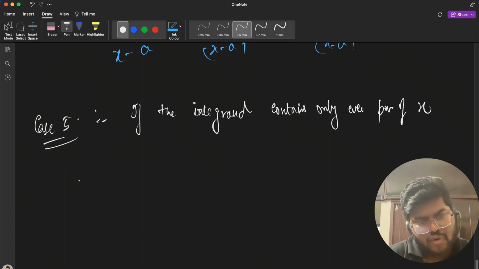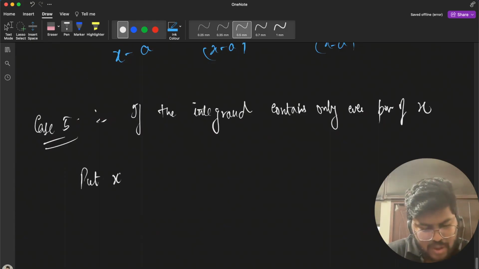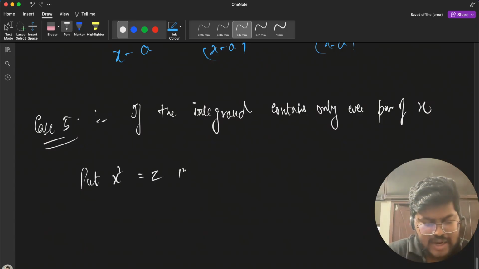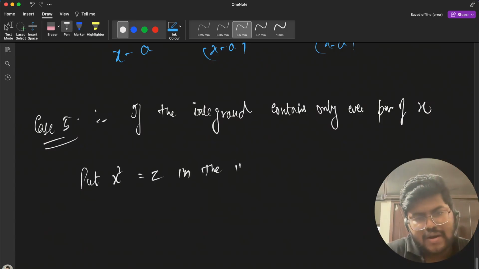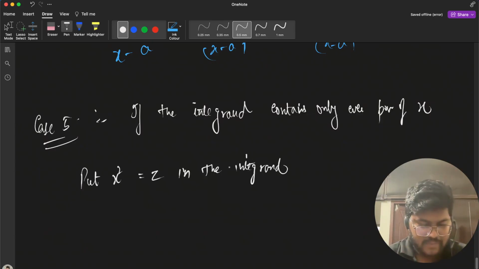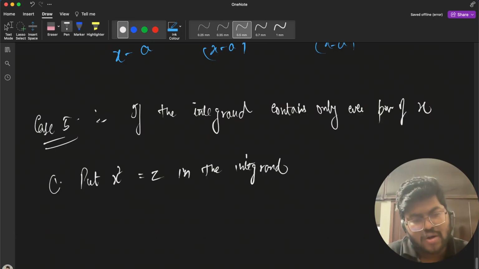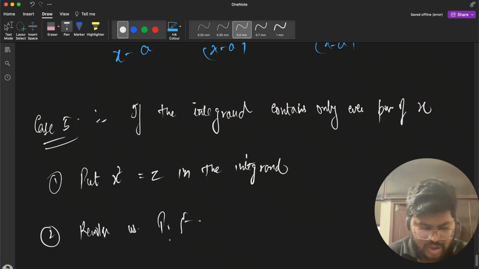Then what we have to do is put x square equals z in the integrand, right? Resolve the resulting rational expression in z into partial fractions. So whatever is left will just be resolved using partial fractions of z, right?